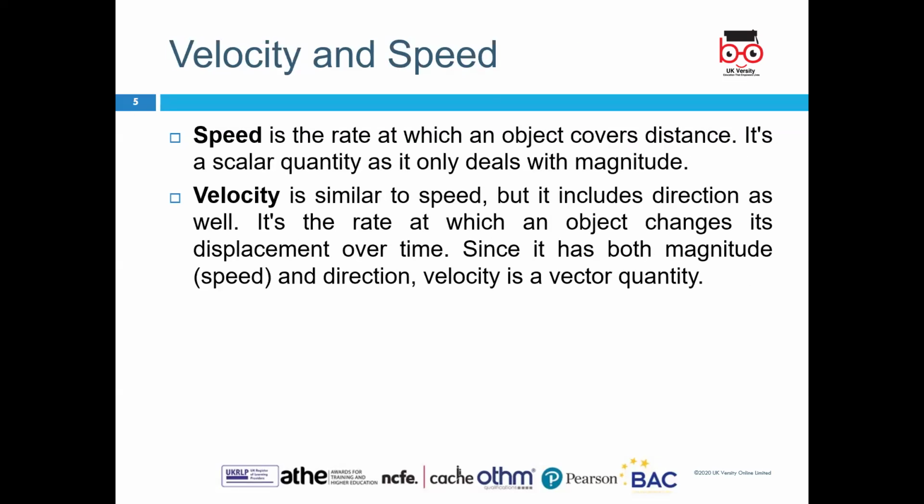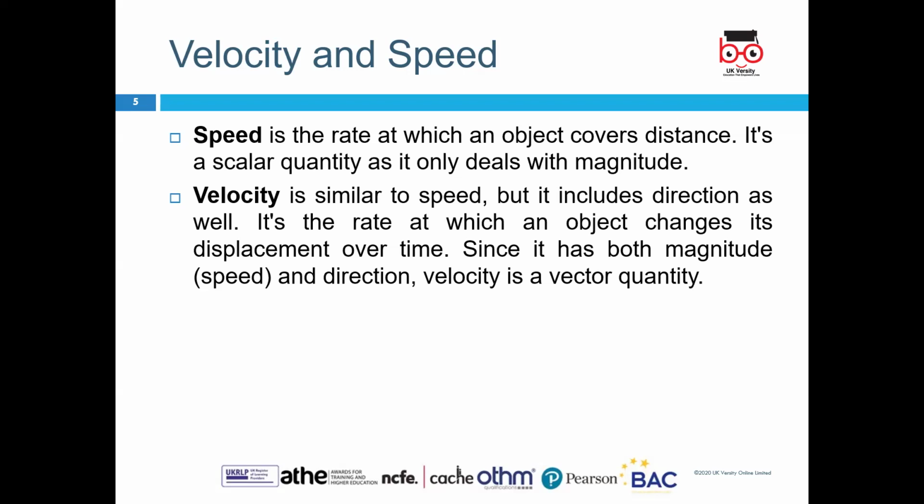So next we look into the concept of velocity and speed. Speed is the rate at which an object covers distance. It is a scalar quantity as it only deals with magnitude. So again, the concept of scalar and vector is also evident in terms of speed and velocity.